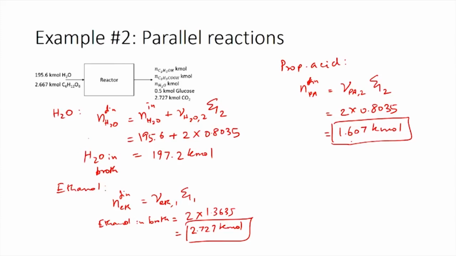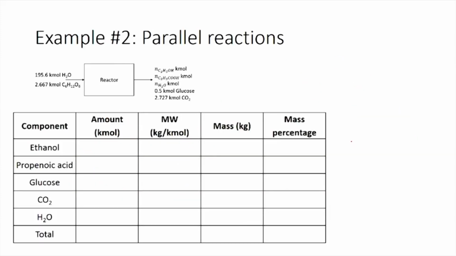Now, we need to calculate the composition of the final broth. The problem statement requires us to calculate the composition of final broth in terms of mass percentages. So, we go back to building this table and we will write down the amounts which we have calculated.